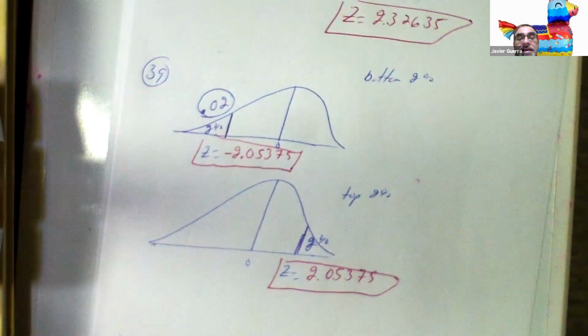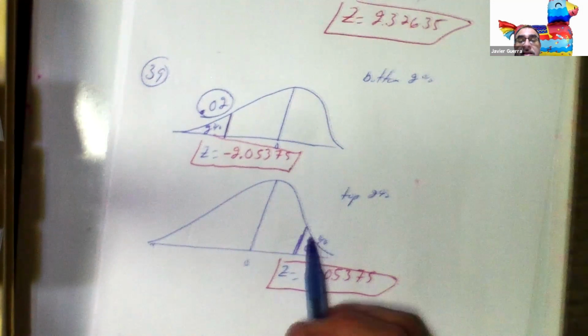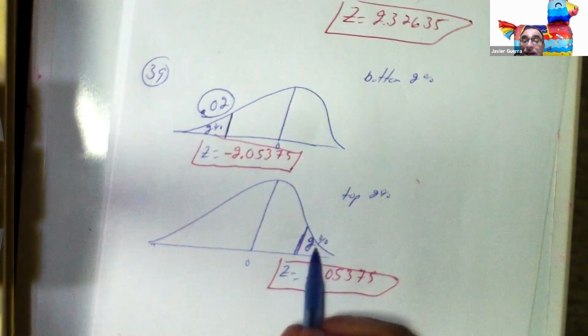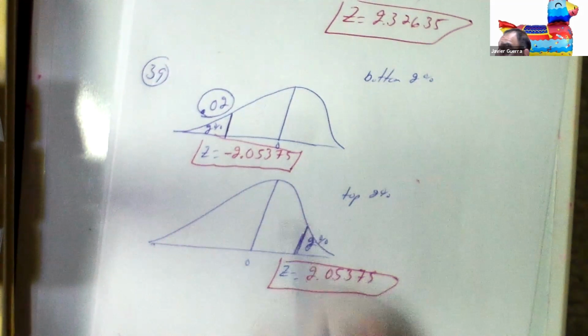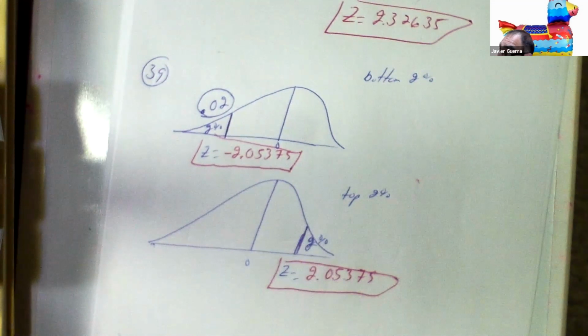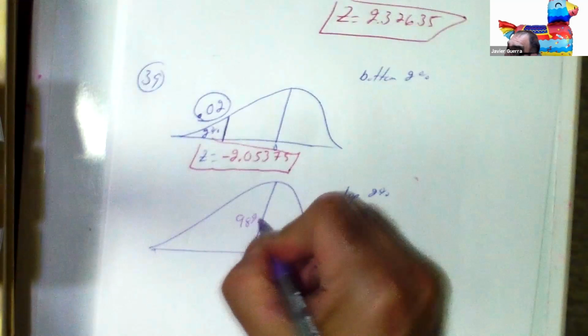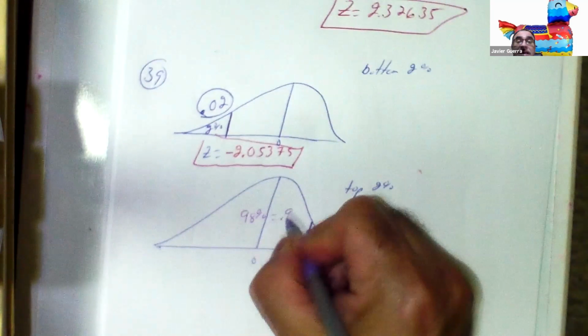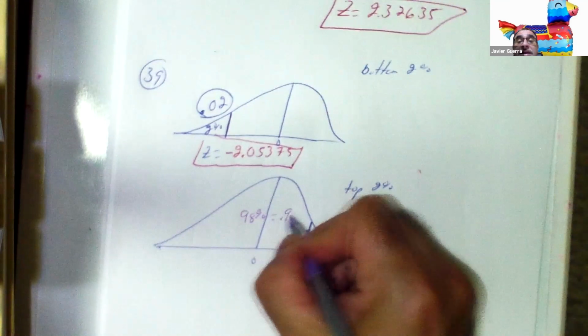All right. If this is 2%, then that means the white area has to be 98%. So if it's 98%, I have to change that to a decimal. That's 0.98. Now, if you put 0.98 in StatDisk, let's see if we get this number.